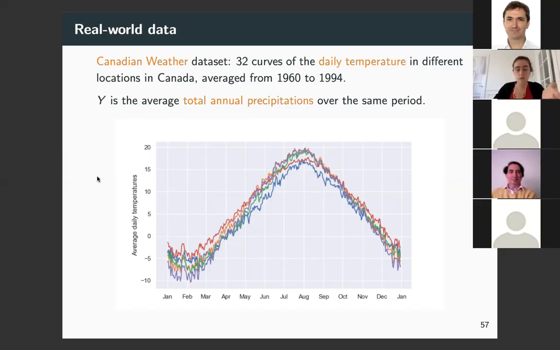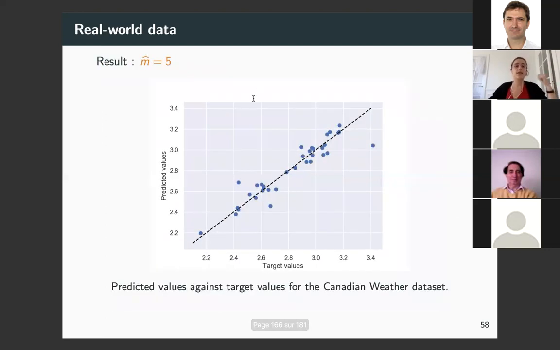To do this, I can just apply a linear model, as I said, and I compute the signature of each temperature profile. I compute beta hat and m hat, as I said before, and I can predict the precipitation. Here I found the best m hat was 5. This is the curve I showed at the beginning.